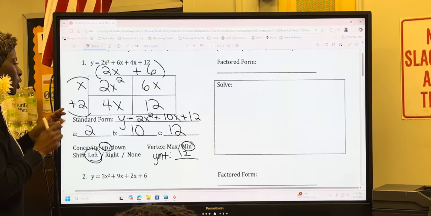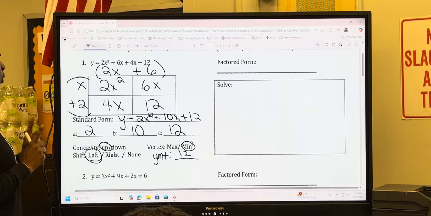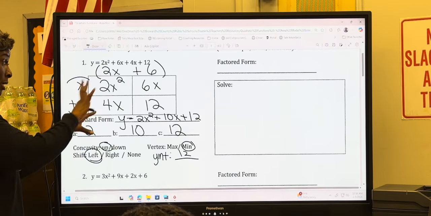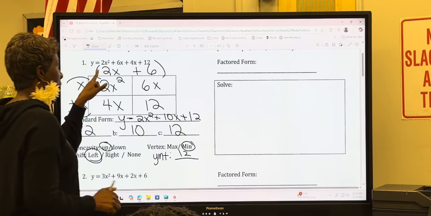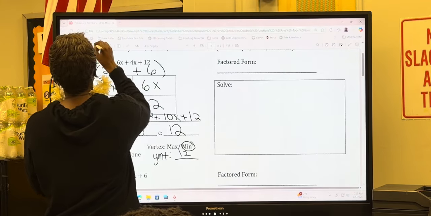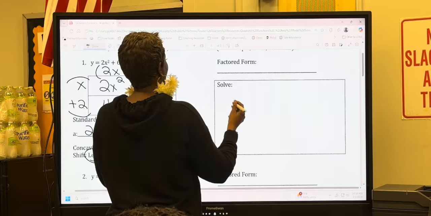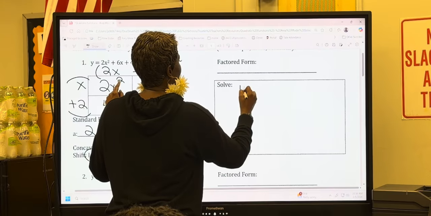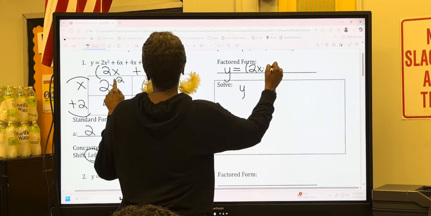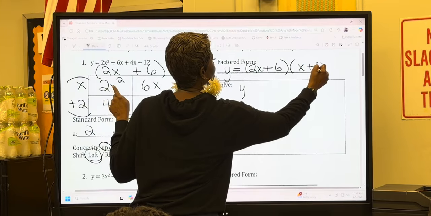Now I want to show you something real quick. I know you may not have space on your paper, but I want to show you that what we got here is what we should have. So our factor form will be y equals 2x plus 6 times x plus 2.